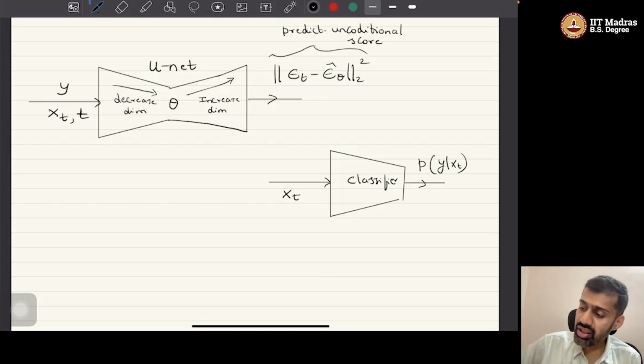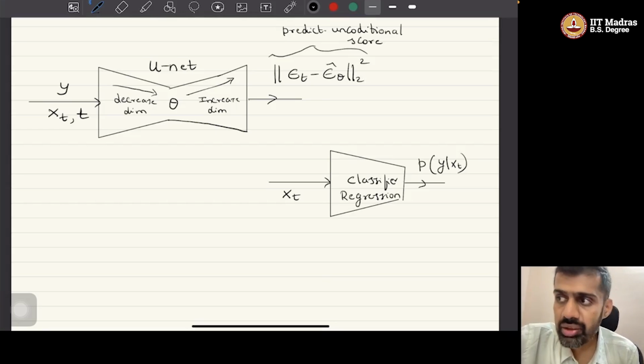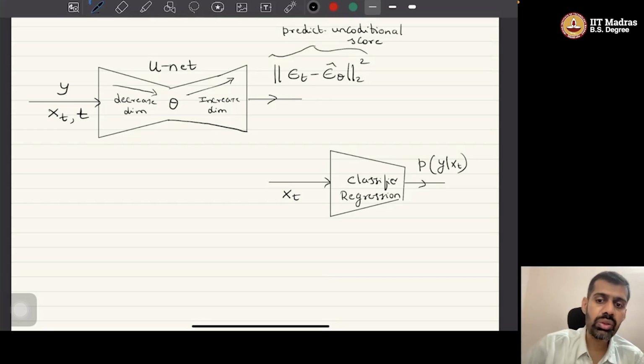So this can be either a classifier or a regressor. Why can it be a regressor? Suppose y, which is the conditioning variable, happens to be a one-hot vector, then you can use a classifier. Suppose it happens to be an embedding vector, then this becomes a regressor network.